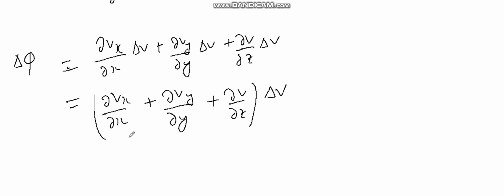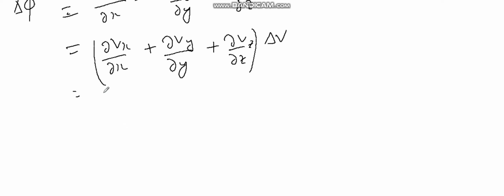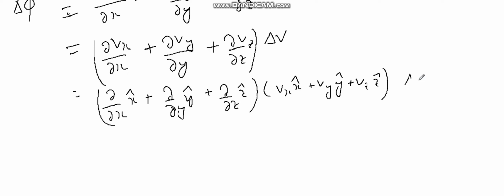So what next we can do is common out this quantity d of volume, and I forgot to mention over here, this is Vz. So we can also write it like this. Now it looks familiar, and we know what it is: Vx x cap plus Vy y cap plus Vz z cap, times d of volume.